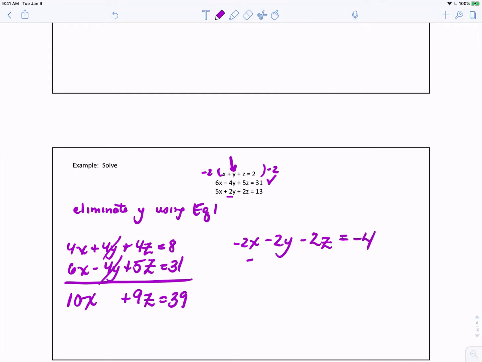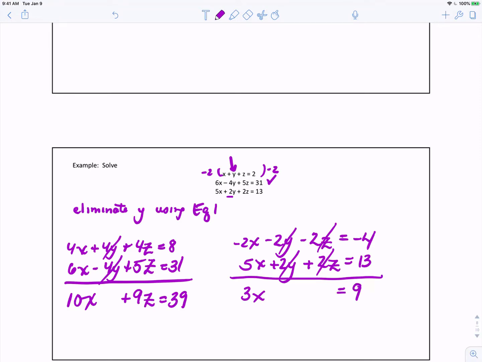The third equation is 5x plus 2y plus 2z is equal to 13. And we'll add these together, giving us 3x. Oh, we got an added bonus. Not only was y eliminated, z was also eliminated. So we have 3x is equal to 9.